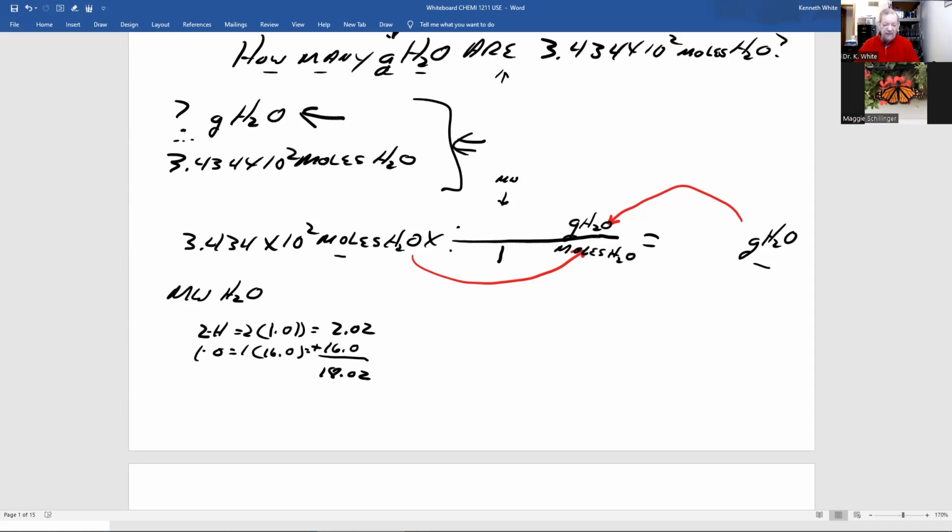Well, how do we use proper significant figures for an addition? You get the same number of significant figures to the right of the decimal point as the number you're adding that has the lowest significant figures to the right of the decimal point. This has 2 significant figures to the right of the decimal.